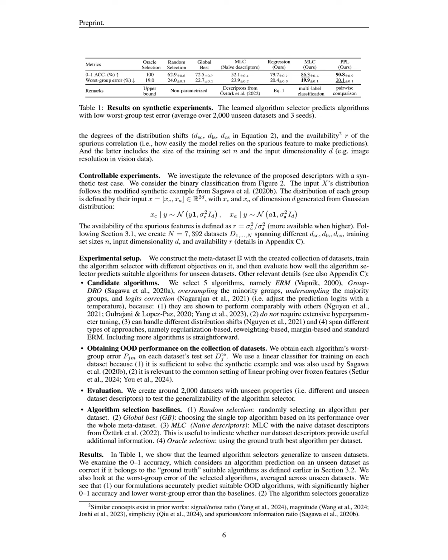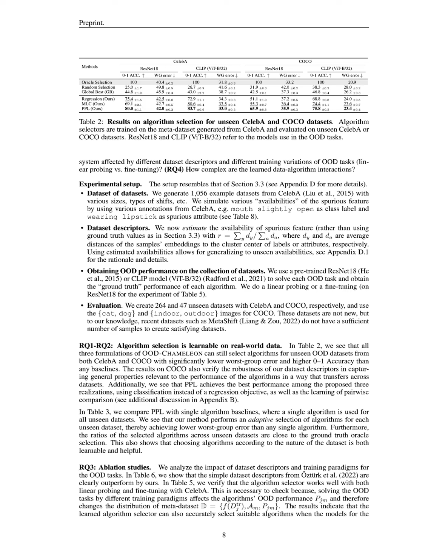Next, we create a metadataset by training several candidate algorithms, like ERM and Group DRO, on each dataset and recording their performance metrics. The OOD-CHAMELEON algorithm selector is then trained on this metadataset, using dataset descriptors that summarize the characteristics of each dataset, such as the degree of shifts and data complexity.